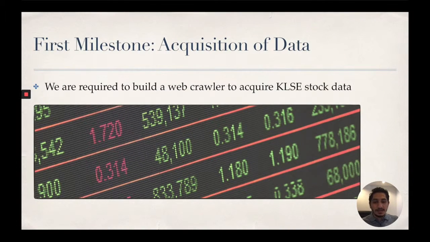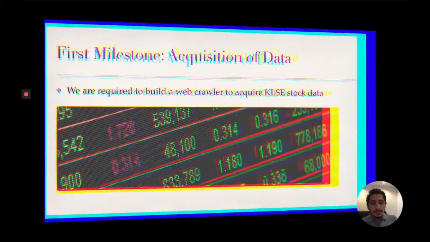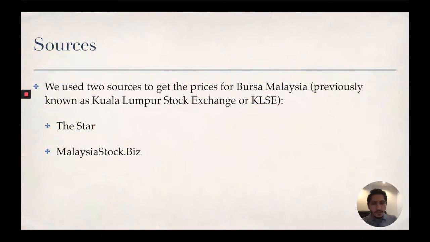In this milestone of the assignment, we are required to build a web crawler that acquires data about the KLSE stock market. To get this data, we use two sources. The first is the Star website.